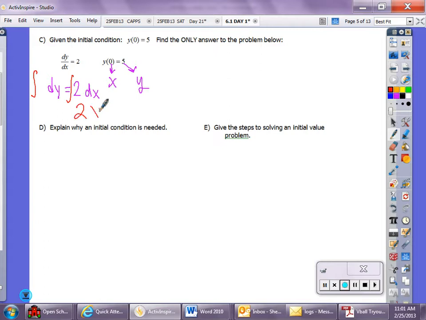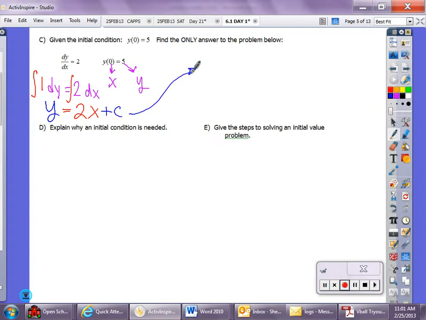The other side people have a little trouble with because it looks like there's nothing there. The 2 is multiplied by dx, therefore, what is multiplied by dy? 1. It has to be a 1 in there for you to actually multiply to get that. So, what's the antiderivative of 1 with respect to y? Ooh, with respect to y. Now it's y. That's where the y equals comes from. And then we can put our plus c.